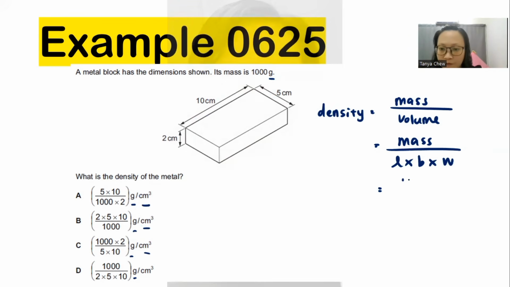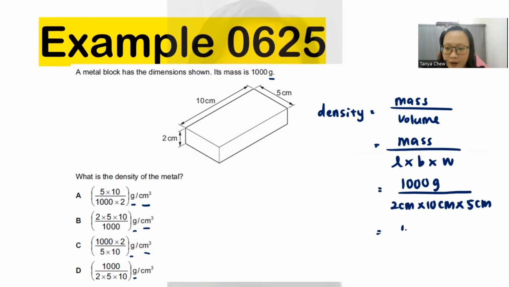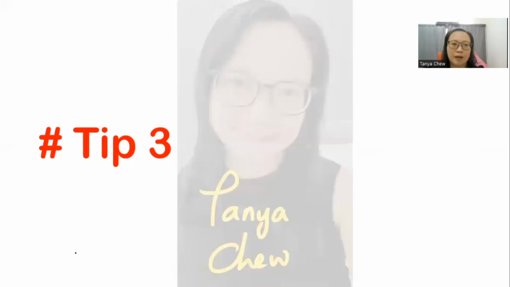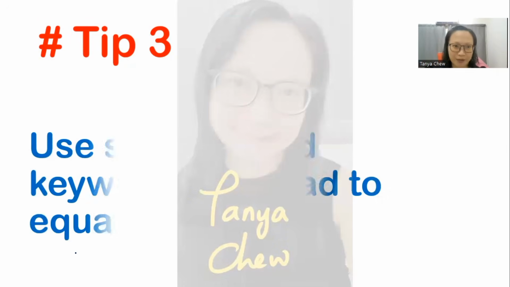So I can just sub in the values: 1000 gram over 2 cm times 10 cm times 5 cm. And I have 1000 gram over 2 times 10 times 5, and cm times cm times cm gives you cm cube. So, oh, D is my answer. Easy, right?